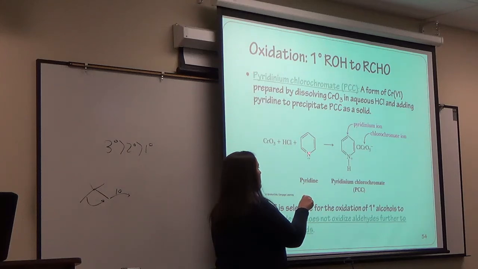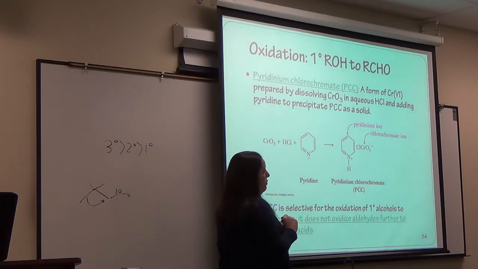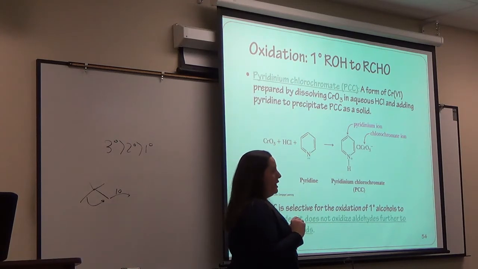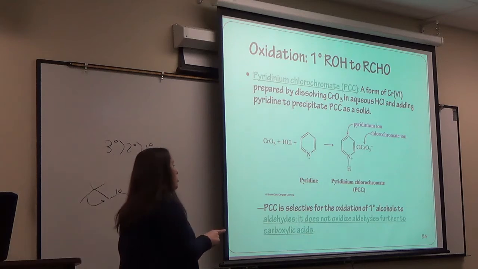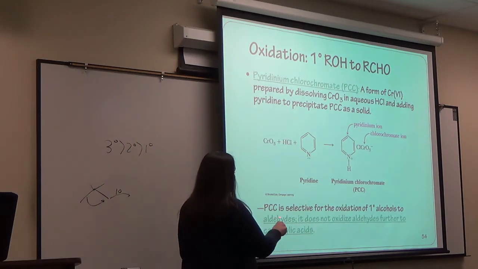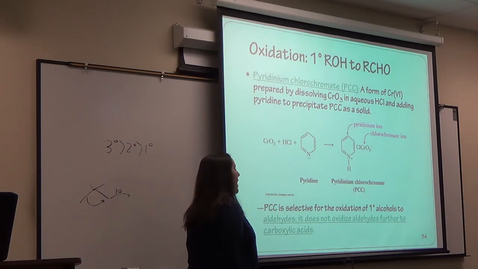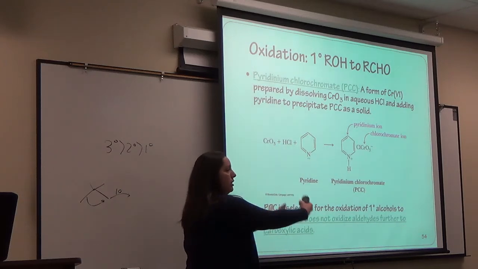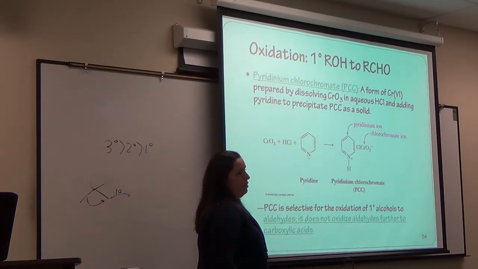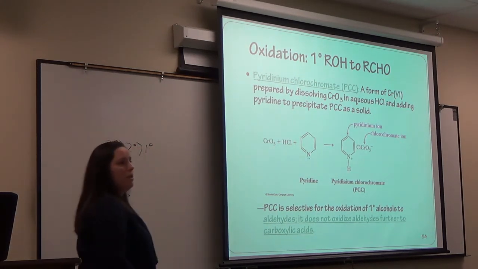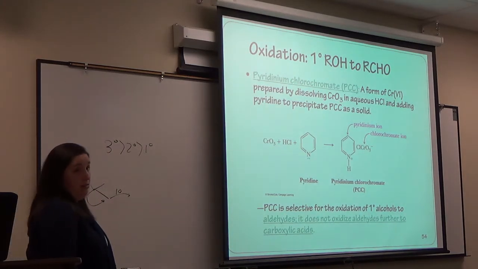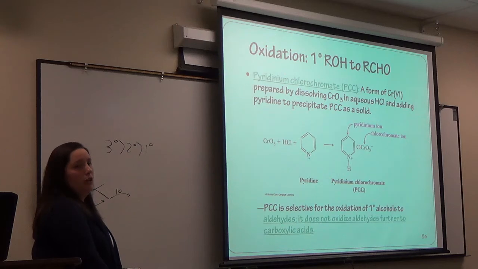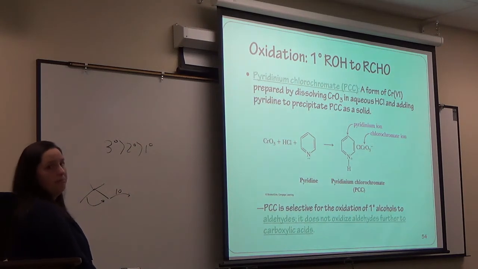So remember, pyridine is a base, and then it forms a complex, which is called the PCC, right? Pyridinium chlorochromate. And if you use PCC, it allows you to stop at the aldehyde. It does not continue to oxidize to the carboxylic acid. Does that make sense? So if you want the aldehyde, you can get it by using a different oxidizing agent.